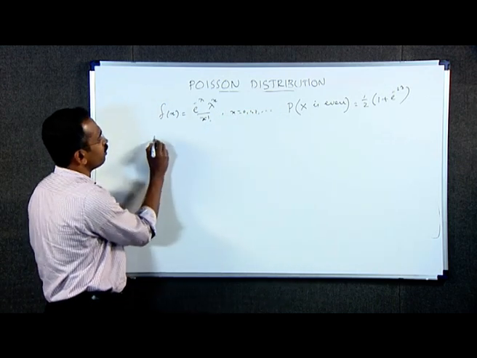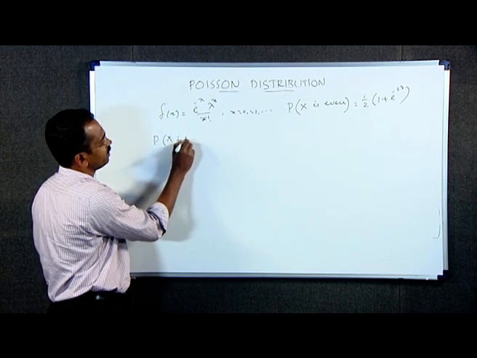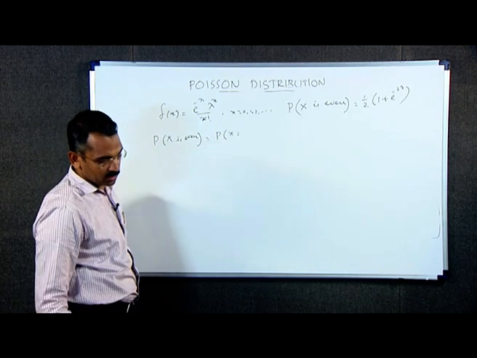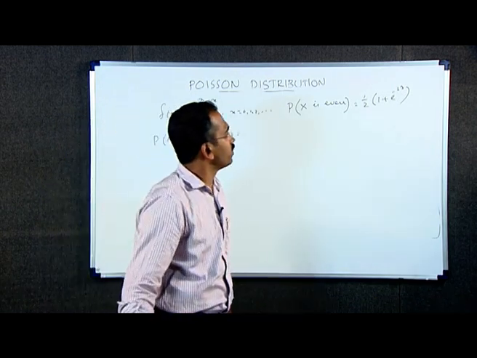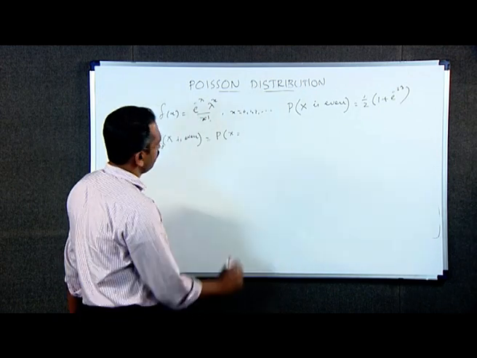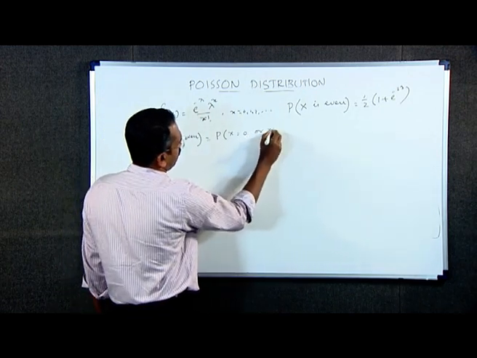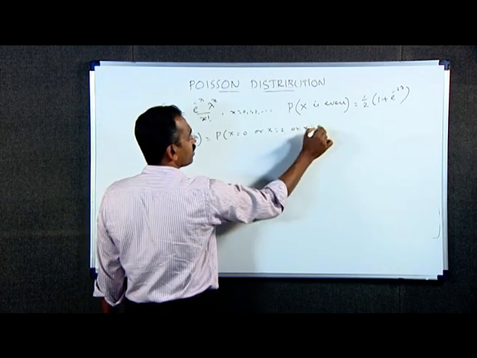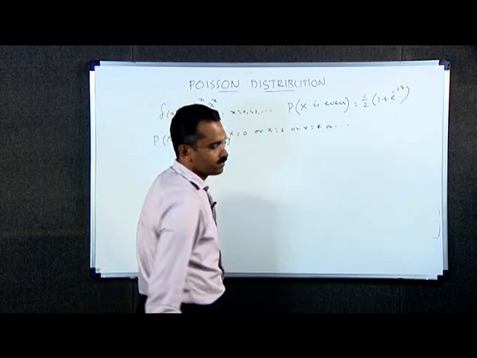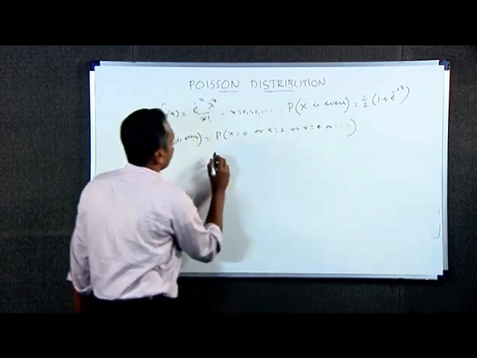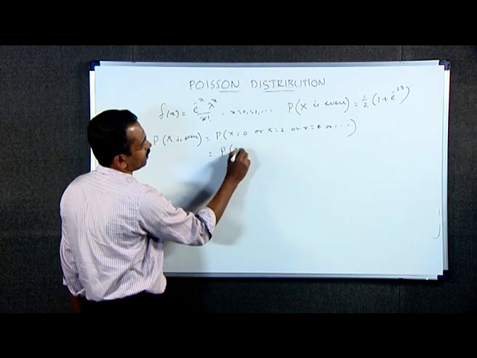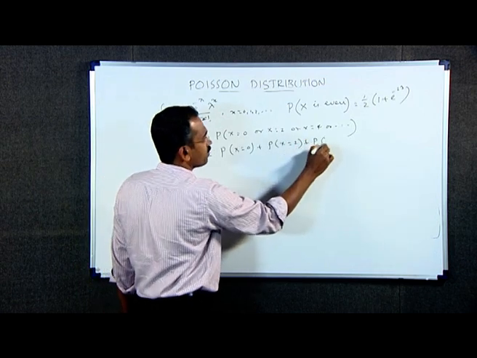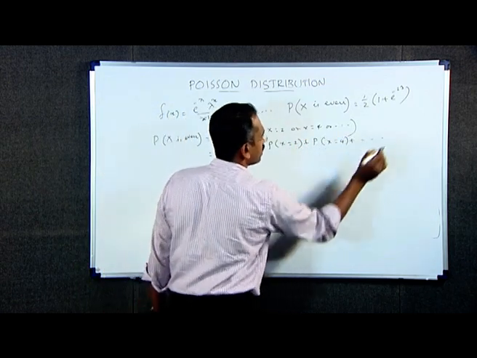Now, probability of x is even means p of x is equal to 0 or 2 or 4 etcetera, which is equal to p of x is equal to 0 plus p of x is equal to 2 plus p of x is equal to 4 plus etcetera.